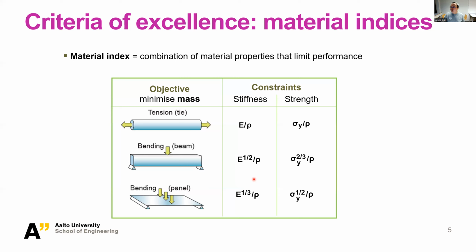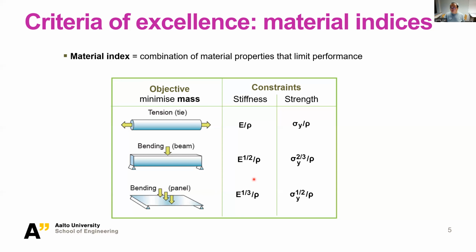But most often, you also want a quantitative requirement for your thermal conductivity, electrical conductivity, and so on. So you need to treat them even as an objective, rather than just a constraint.